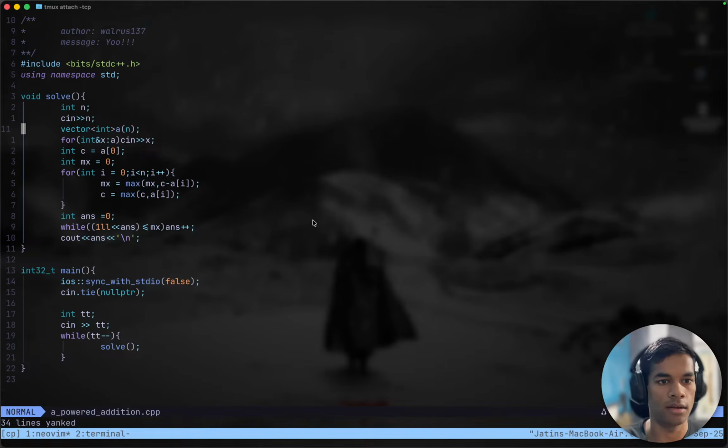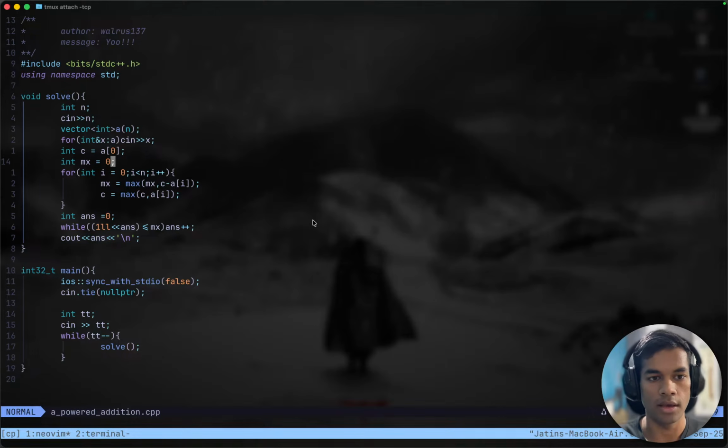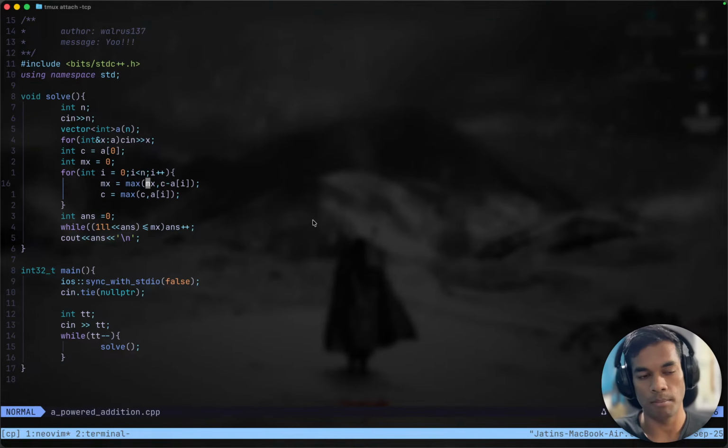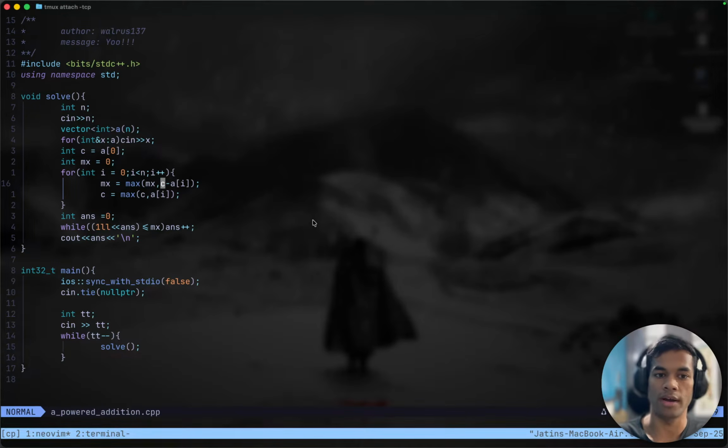Take an n, a, fill a, current, that is the current minimum value that is required. It is a0, and maximum distance that we have seen till now is initially 0. And for the current element, mx is going to be maximum of mx, which is either 0 or some positive integer, or c, that is the minimum value that is required here to be.